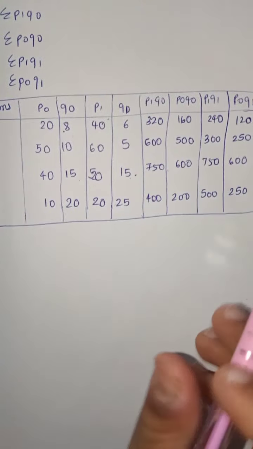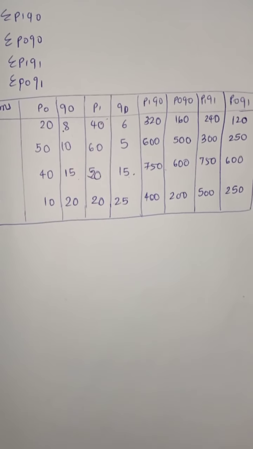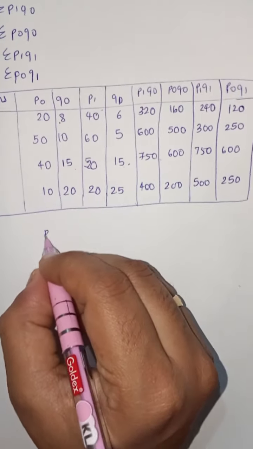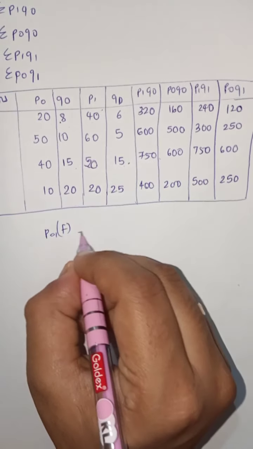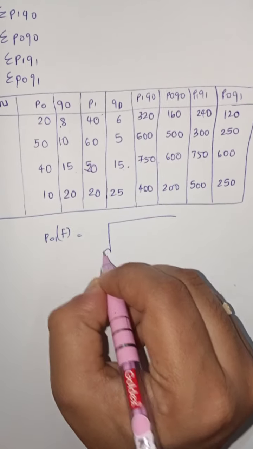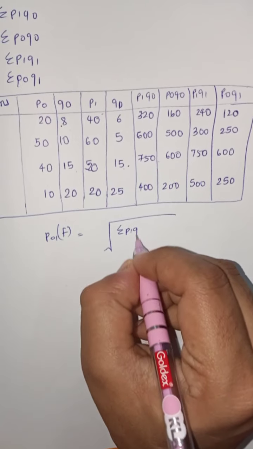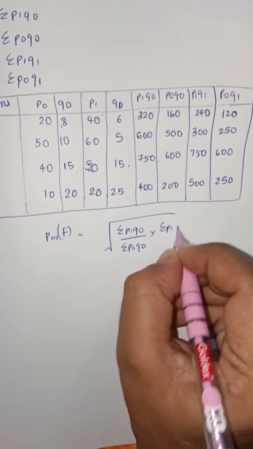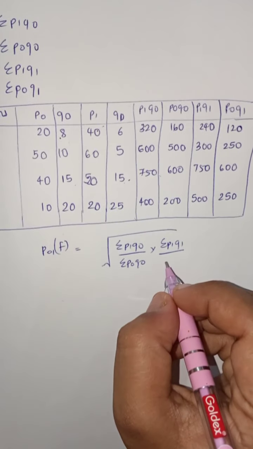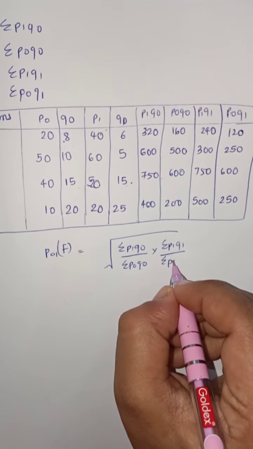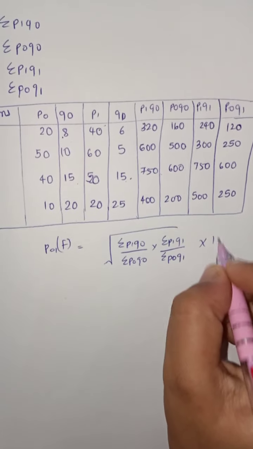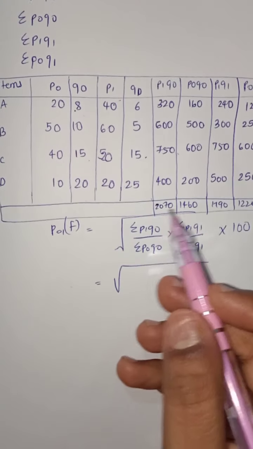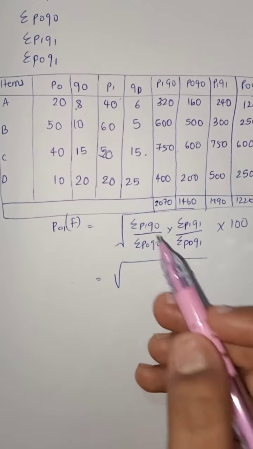Now as we have the data, we are going to substitute it into our formula. Our formula says to find P01 of F, that is under root of summation of P1 Q0 by summation of P0 Q0, into summation of P1 Q1 divided by summation of P0 Q1, into 100. Also we have summed it, so that we have the summation part.